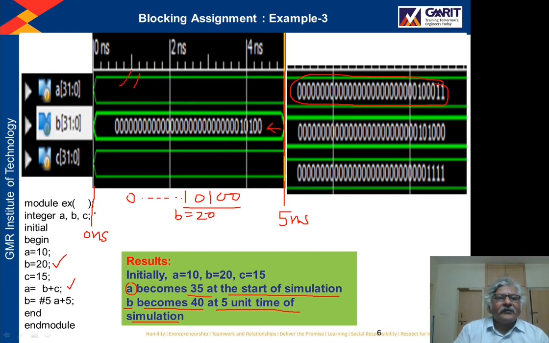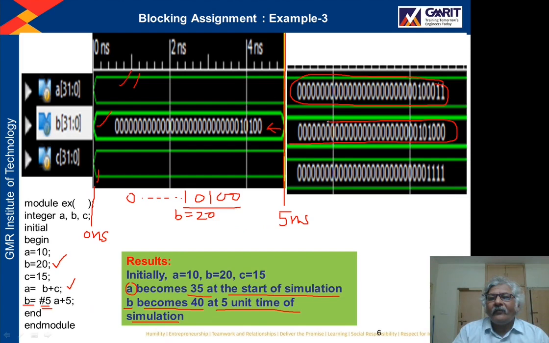B will become 20 exactly at 0 nanosecond, and it will remain 20. The next change in the value of B will be after 5 unit time of the start of the simulation. Right? So that's why after 5 ns, this is the value of B.